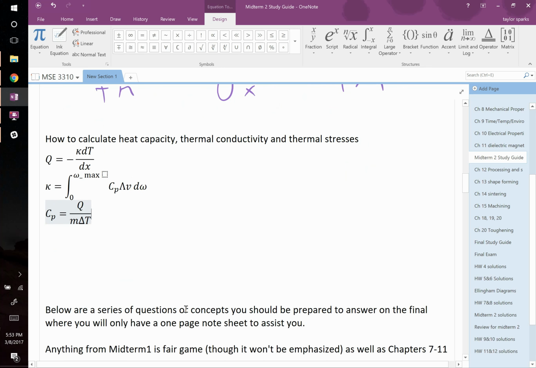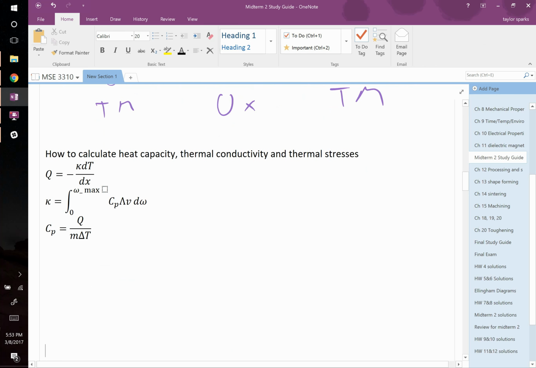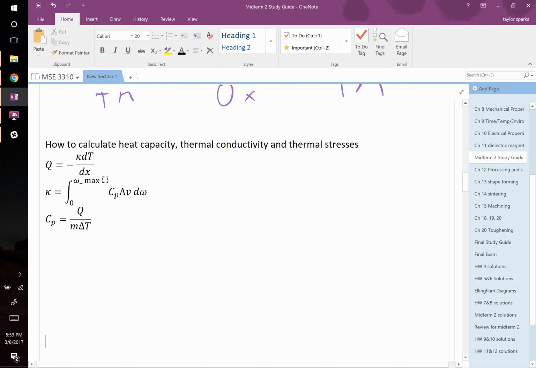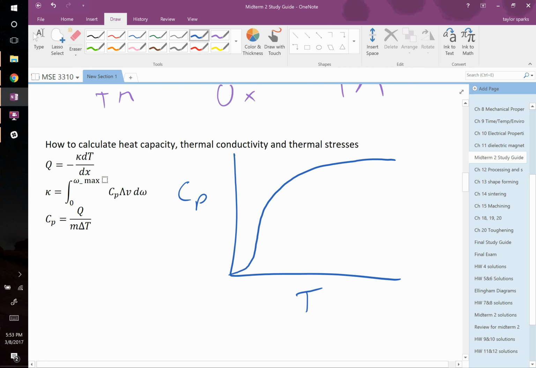What should it reach at high temperatures? What does heat capacity do as a function of temperature? It asymptotes out, right? As temperature increases, your heat capacity value should have a T cubed dependence, and then it should asymptote to 3R. 3 times the gas constant is the limit, right? They call this the Dulong-Petit limit or the Debye limit for heat capacity.